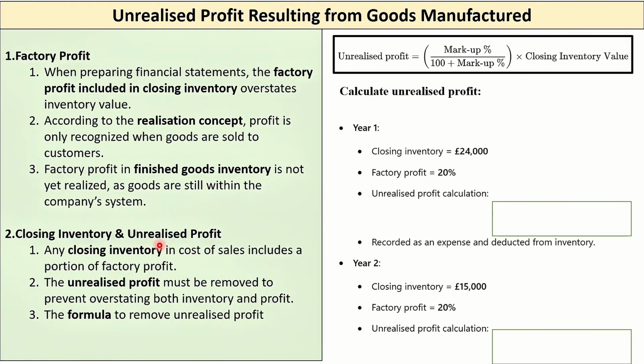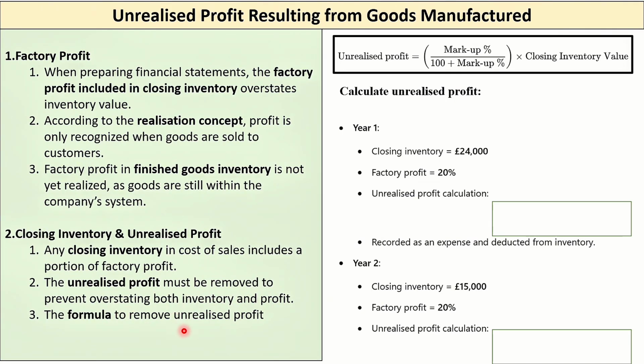Number 2. Closing inventory and unrealized profit. Any closing inventory in cost of sales includes a portion of factory profit. The unrealized profit must be removed to prevent overstating both inventory and the profit.